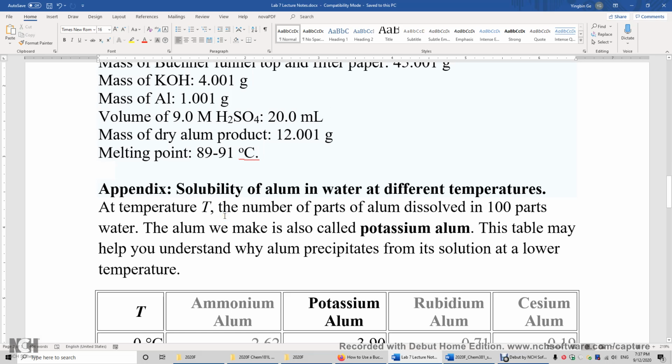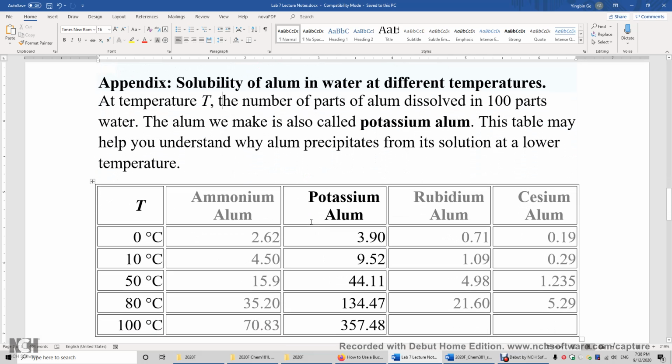Now I'm going to explain why an ice bath is used in this experiment to help facilitate the precipitation of alum. We can look at the solubility of alum at 0 degree Celsius. It's 3.9 gram per 100 grams of water.